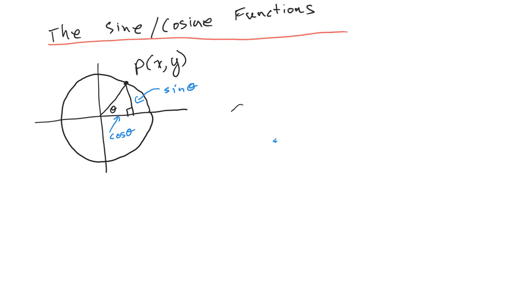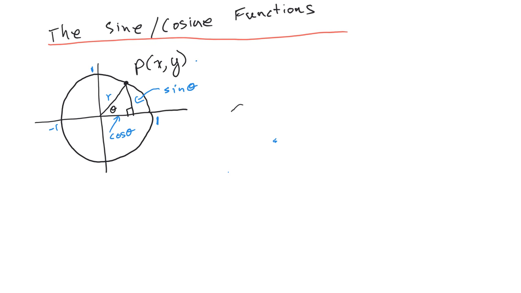Now, because it is on a unit circle, normally we would have used this r value, right? But since this is on a unit circle, the r value is 1. So instead of having r cos theta to find the x value and r sine theta to find the y value, all we have to do is just use sine and cos.